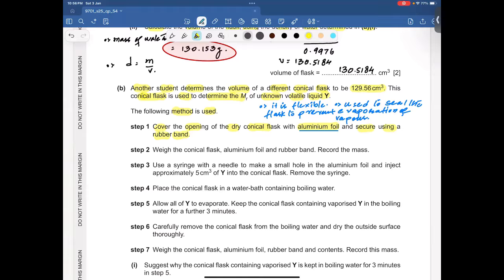Why are we placing a rubber band instead of a rubber bung?